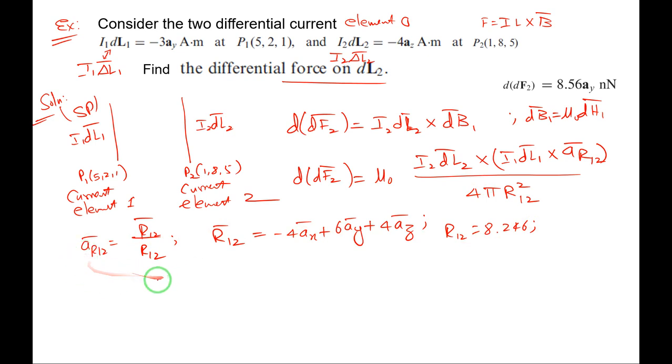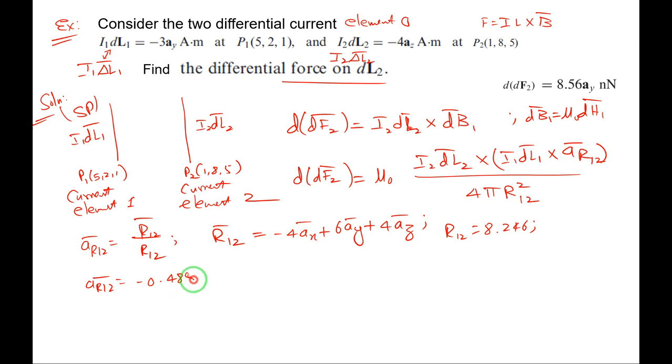Okay, we have the magnitude, so let us calculate aR12. The vector R12 is here with its magnitude, so divide this vector by this magnitude and write the final vector. 4 divided by 8.246, with the minus sign, gives minus 0.485.